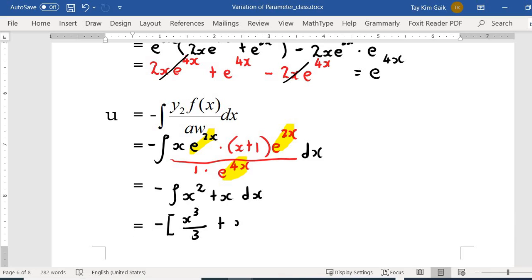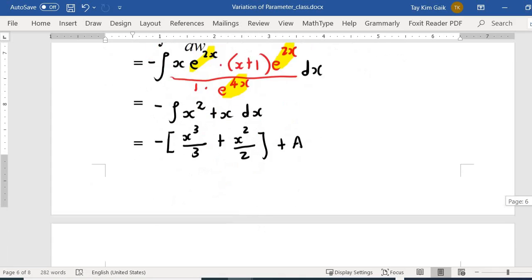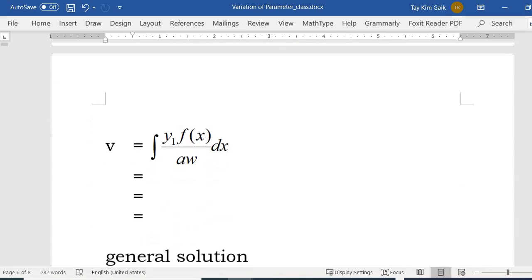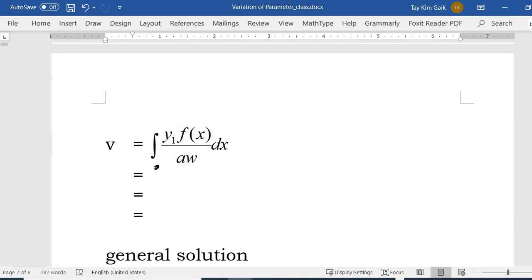Integrate x, you have x squared over 2, and then plus a. So this is the u. Later on you integrate the v, which is the integral of positive y1 times fx over the Wronskian. So what is the y1?